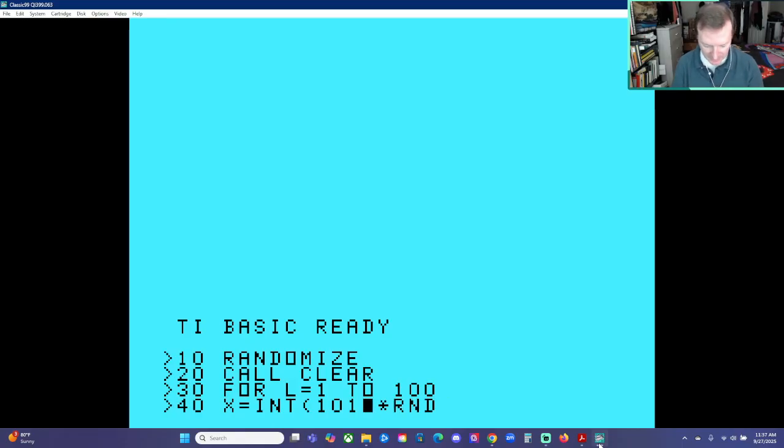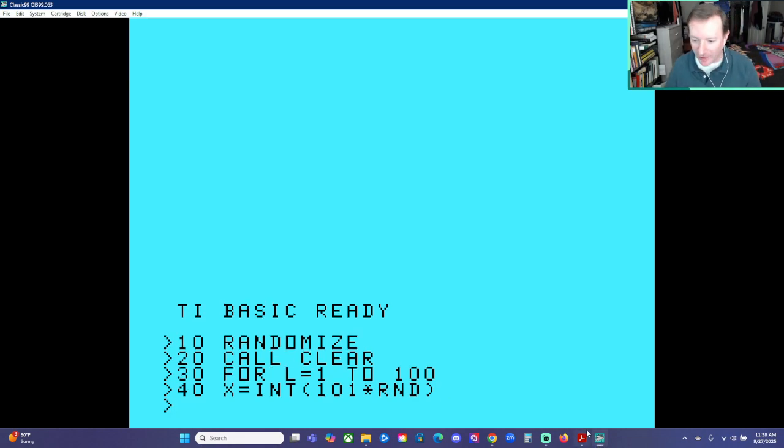Oops. There we go. Sorry about that extra space there. I'm used to programming in modern programming languages where you tend to put a space between the operands and the operator.